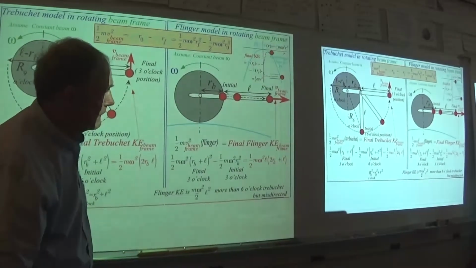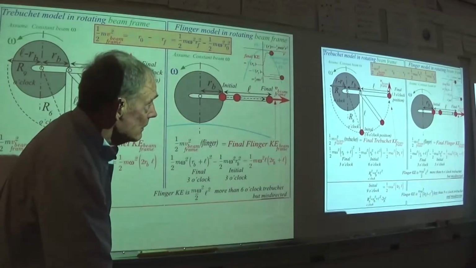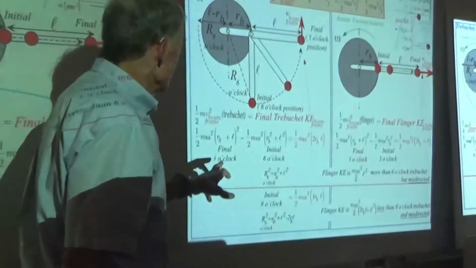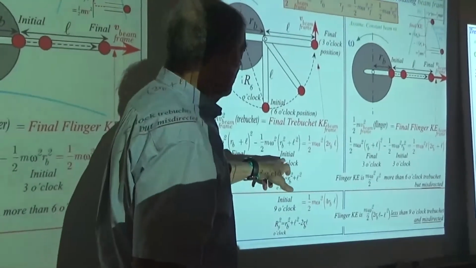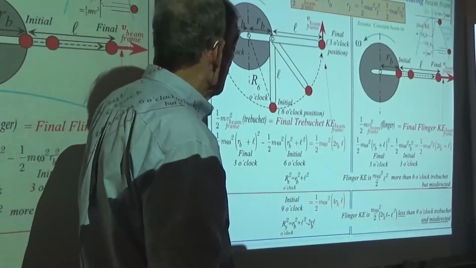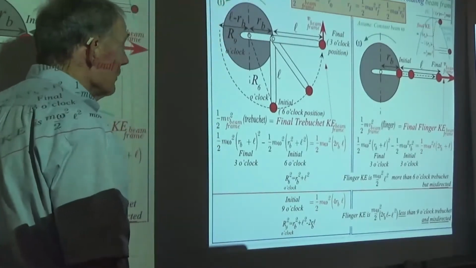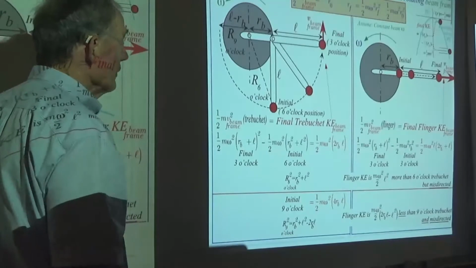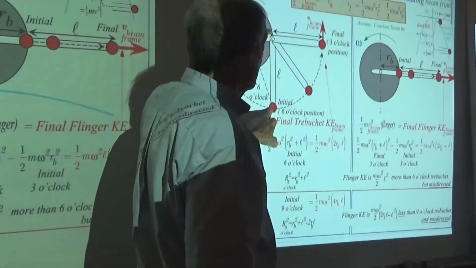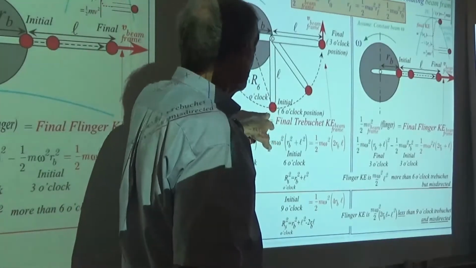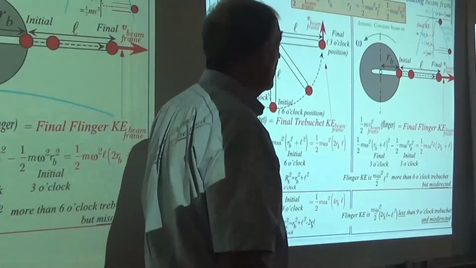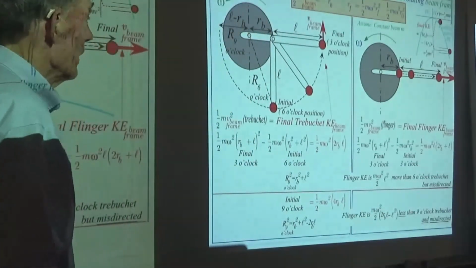Now, you see the results here. We have the final 3 o'clock minus the initial. That's just figuring out the difference in energy. Where are you going to be when you started? Where are you going to be when you fall off the end? On this one, where are you when you start at this particular clock, that is 6 o'clock, and how fast are you going when you get to 3 o'clock?